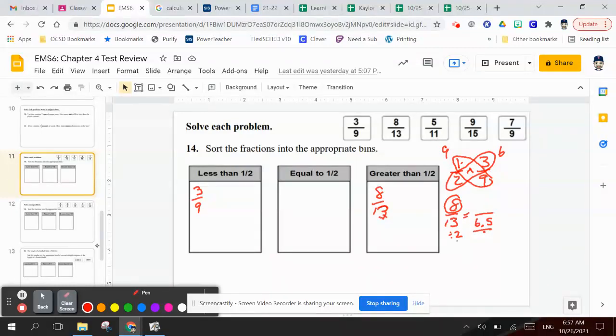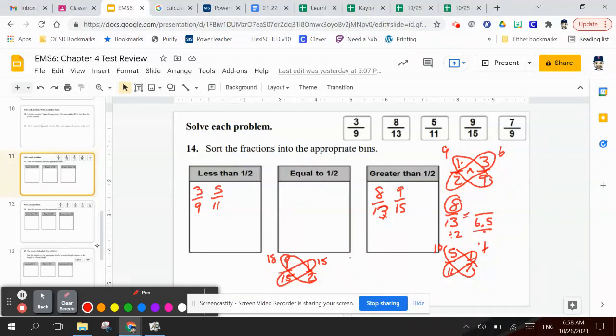I'm going to look at 5/11. 5/11 and 1/2. 11 times 1 is 11. 2 times 5 is 10. 10 is less than 11, so 5/11 is less than 1/2. 9/15 and 1/2. 15 times 1 is 15. 2 times 9 is 18. 18 is greater than 15, so 9/15 is greater than 1/2.